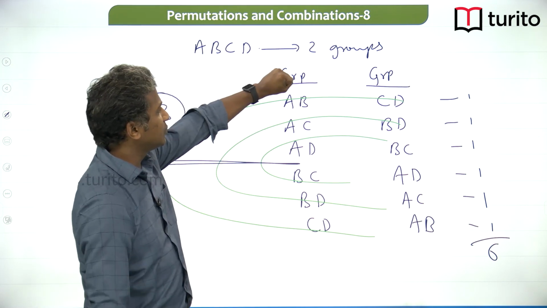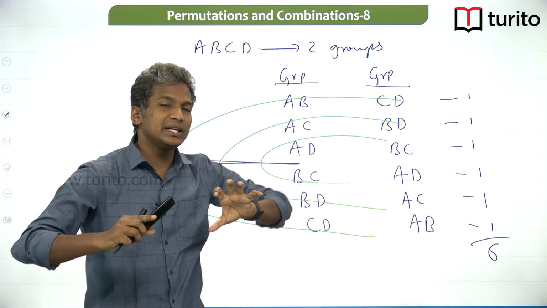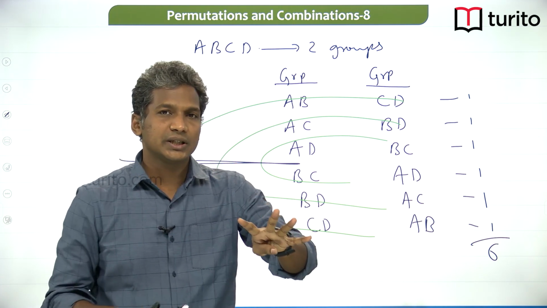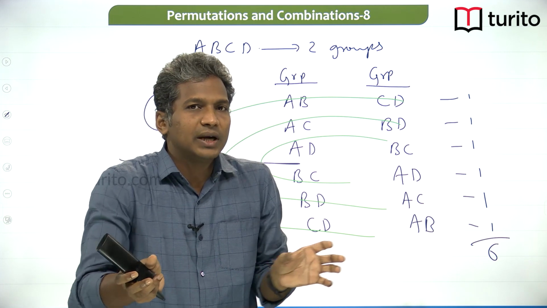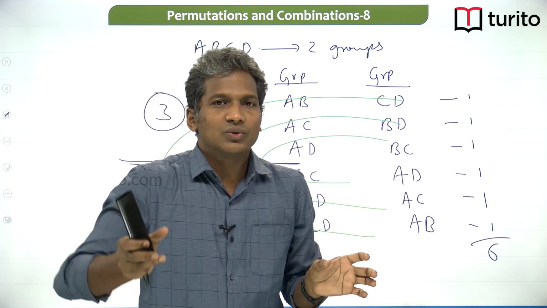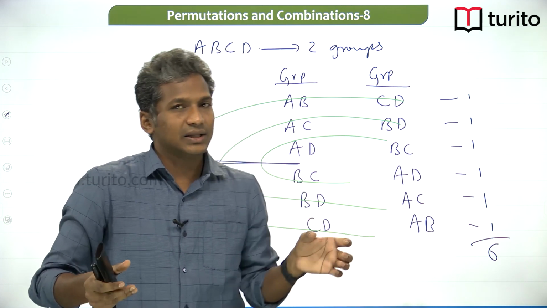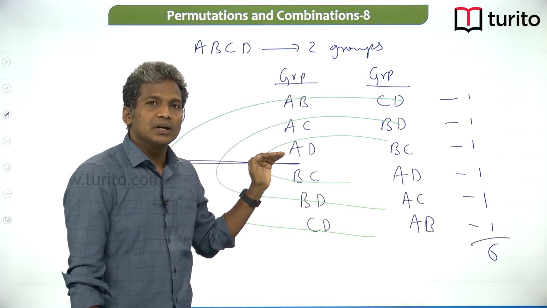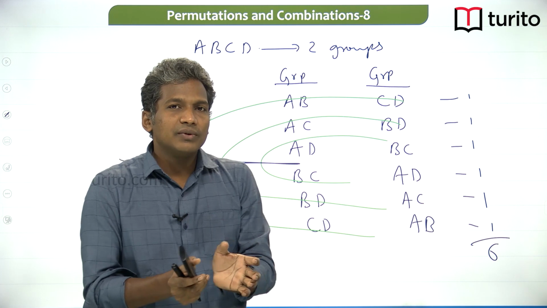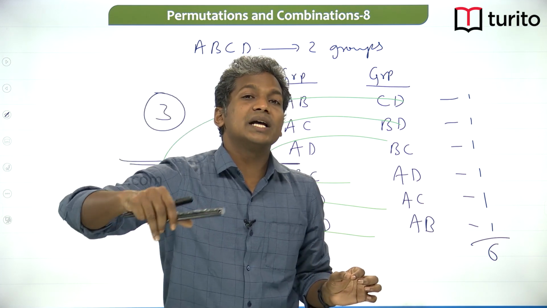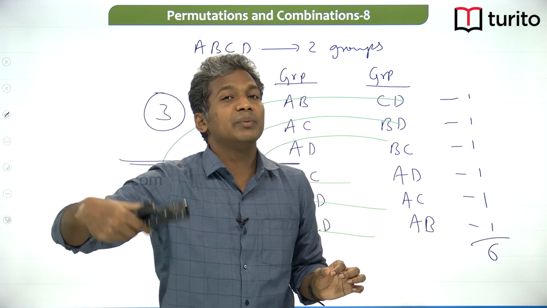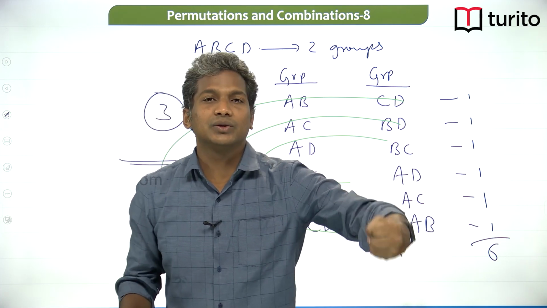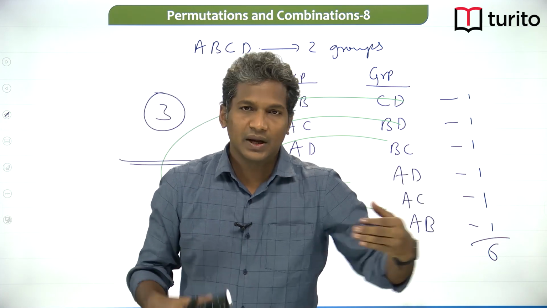Here this group and this group do not have any names. So that means on your table when you had 4 objects, you separated A and B, automatically C and D got separated. So A and B is one group, C and D is another group, and that got symmetry here, right? Suppose you have kept the first selection as your first group, let us say you named it Mumbai, and you have selected the second group as your second group, let us say you named it Hyderabad.